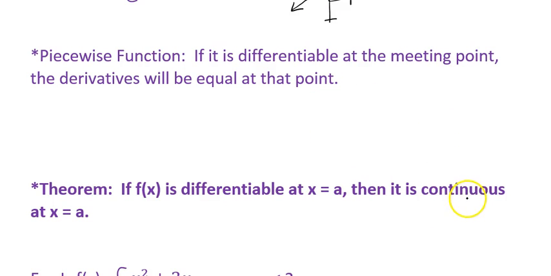It was continuous, but it was not differentiable. But if you know that something is differentiable, then you know that it's continuous for sure. Because if the slopes are meeting, then it has to match up. It has to be connected.